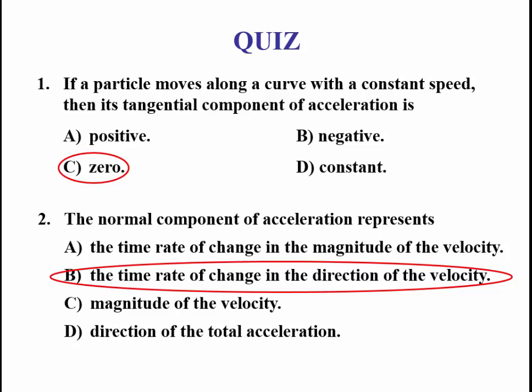Okay, because I was going in one direction, and then as I go around a curve, I change that direction. So that's really what the normal acceleration is all about. It's about changing the direction of my velocity. Okay, A would really be the time rate of change in the magnitude of the velocity. That would represent really more your tangential acceleration.